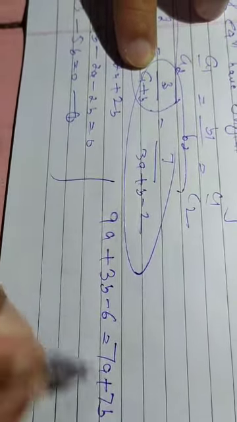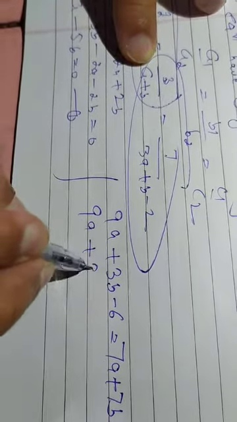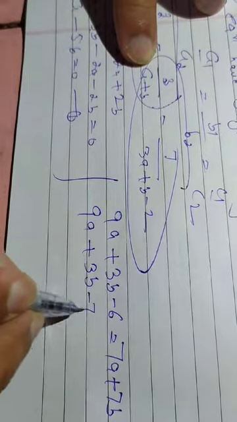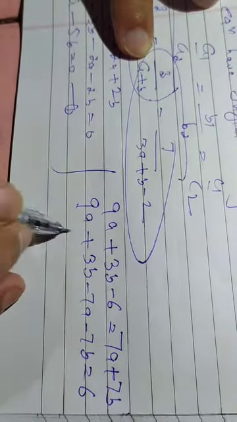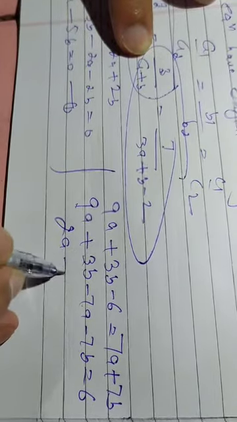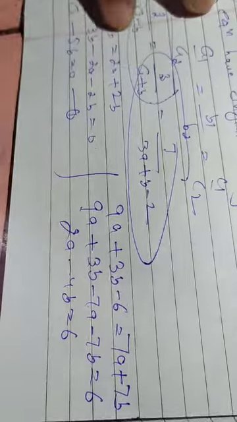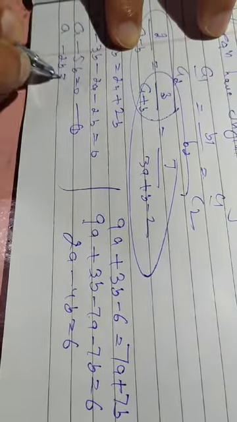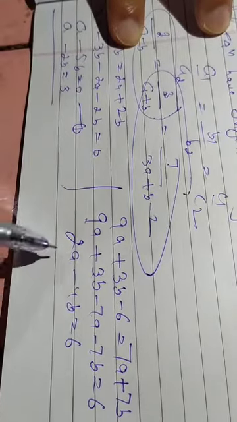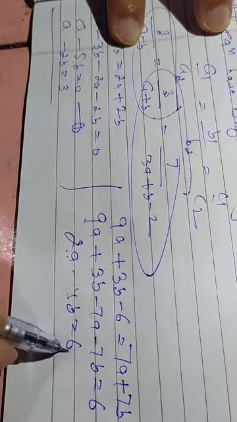Taking a and b to this side and the constant to the other side: 9a plus 3b minus... 7a minus 7b is equal to 6. 9 minus 7, 2a, 3 minus 7, minus 4b, is equal to 6. Divide it by 2: a minus 2b is equal to 3.